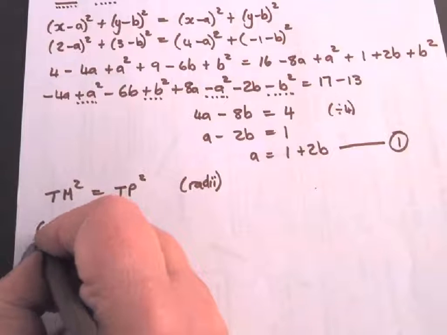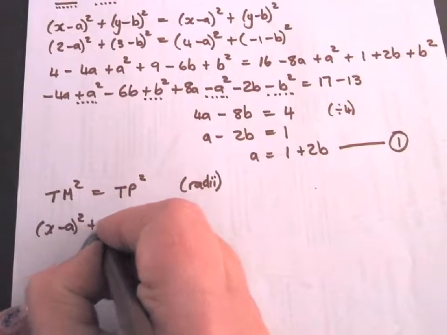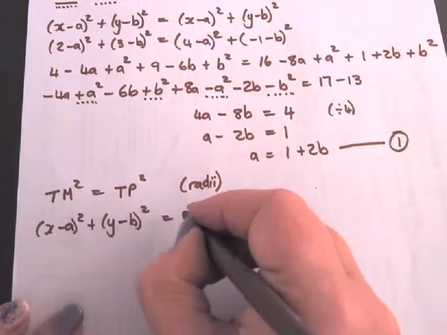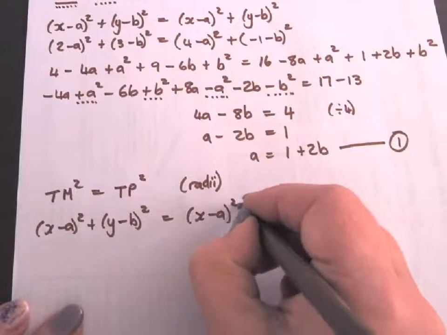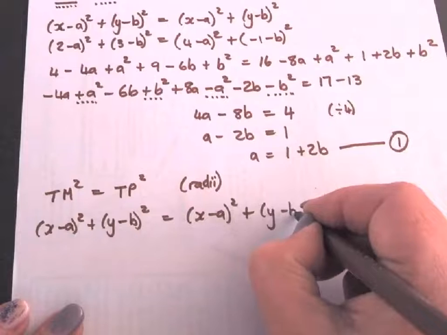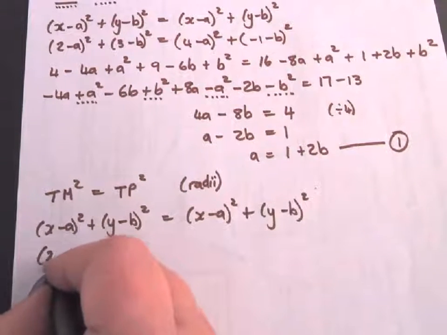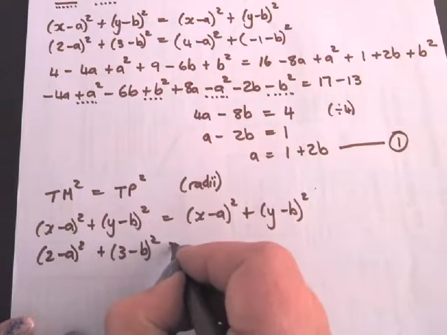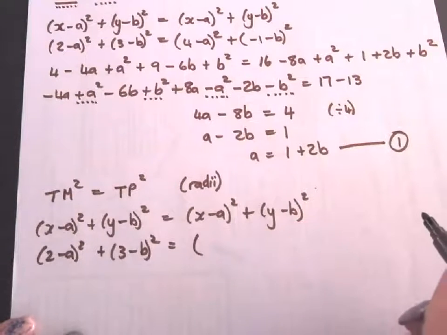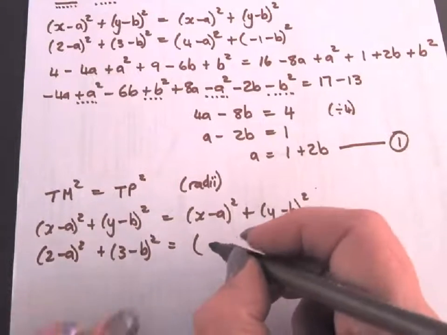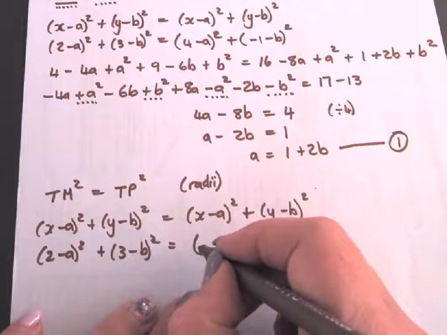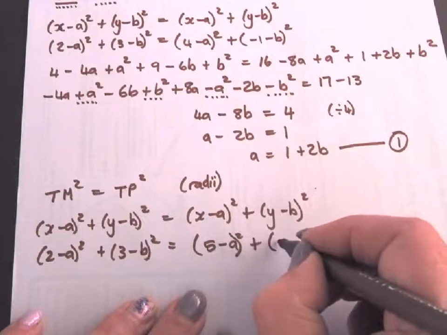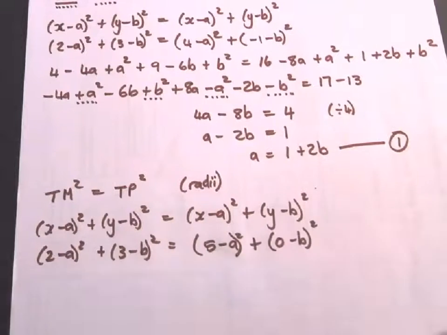This is (x minus a) squared plus (y minus b) squared equals (x minus a) squared plus (y minus b) squared. (2 minus a) squared plus (3 minus b) squared equals (5 minus a) squared plus (0 minus b) squared.